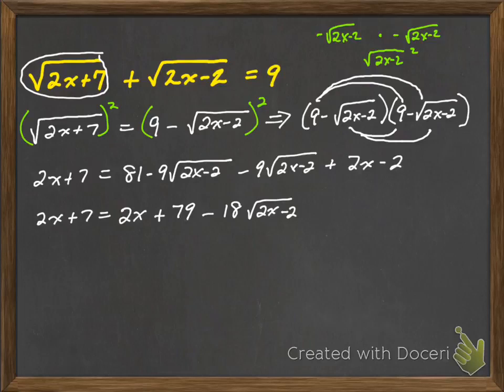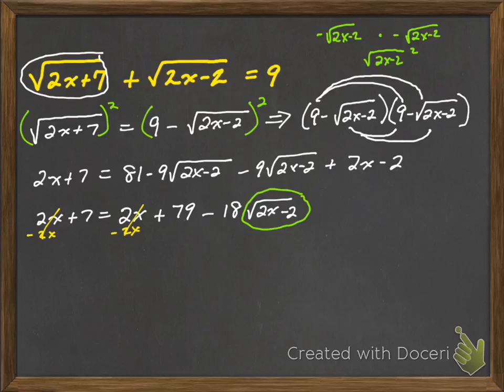So what we have done up until this point is we have now gone from having two radicals down to just one radical. Now we repeat the process. And the process says that we need to isolate the radical. So we are going to isolate this. To isolate that, start moving everything over to the other side. And so if you subtract the 2x, you find out that those two things are going to cancel out altogether.